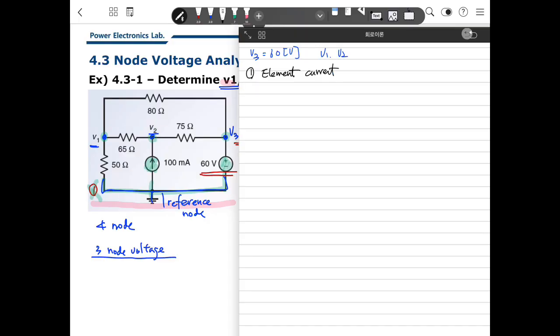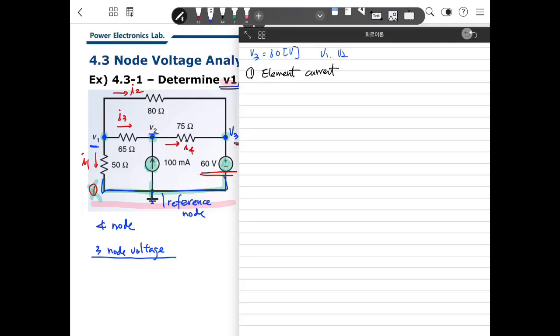So I define the current as this is I1 and this is I3 and this current is I2 and this current is I4, and that's it.